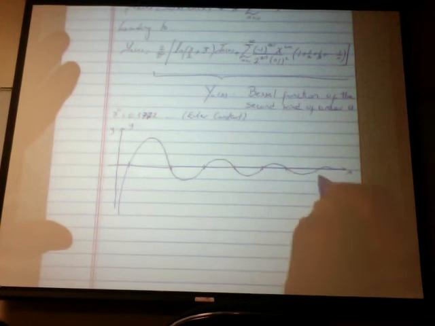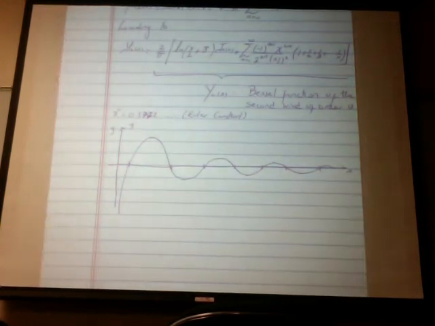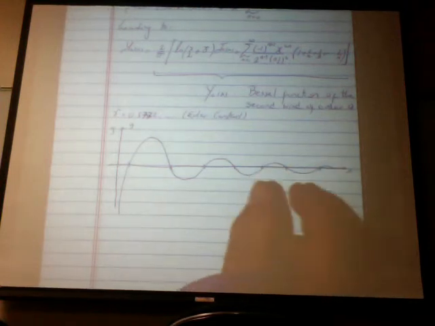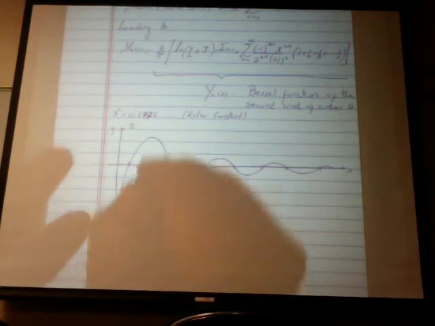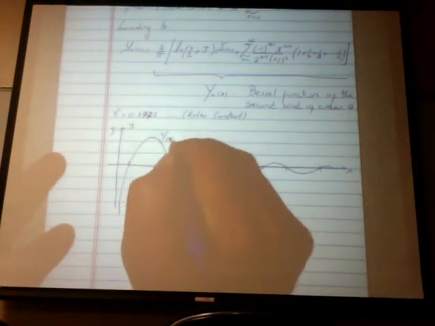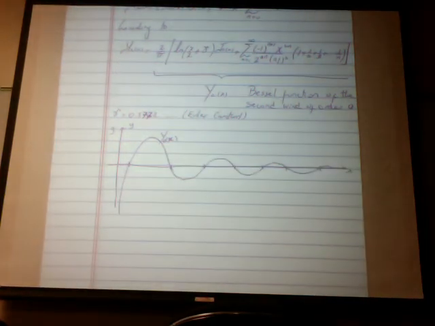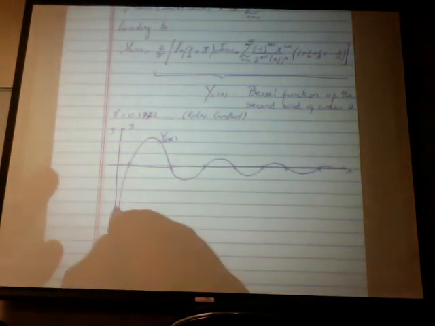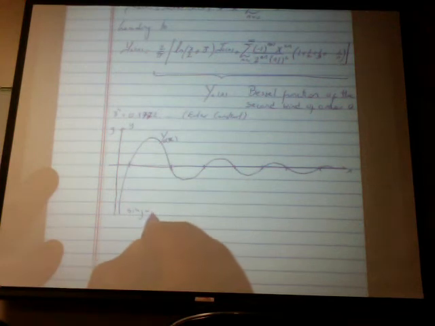It oscillates around the x-axis. Those roots also bunch up. So this is wrong here. Actually, they get closer together. So this is y of x, y0 of x. And as you can see, it's singular at x equals 0.